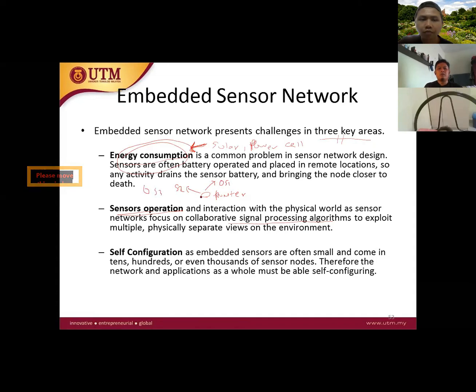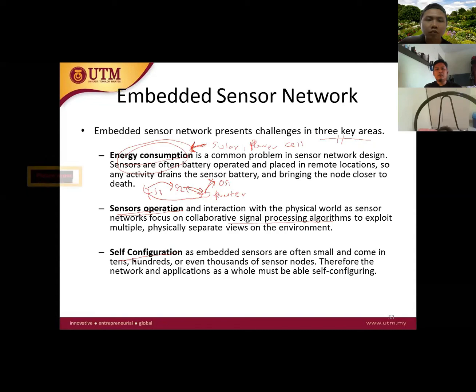It is not very efficient to connect them one by one. Using an algorithm, sensor node 3 can communicate to sensor node 2, and sensor node 2 can transmit to the router. Since sensor node 1 is close to the router, there's no need to go through sensor node 2. That is called sensor operation, using the processing algorithm.